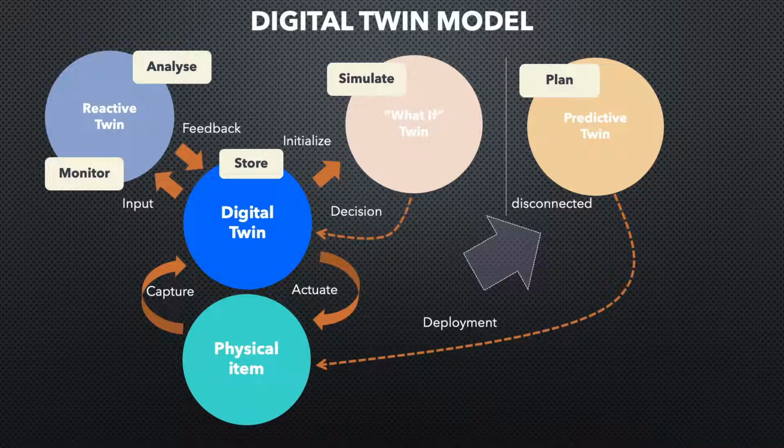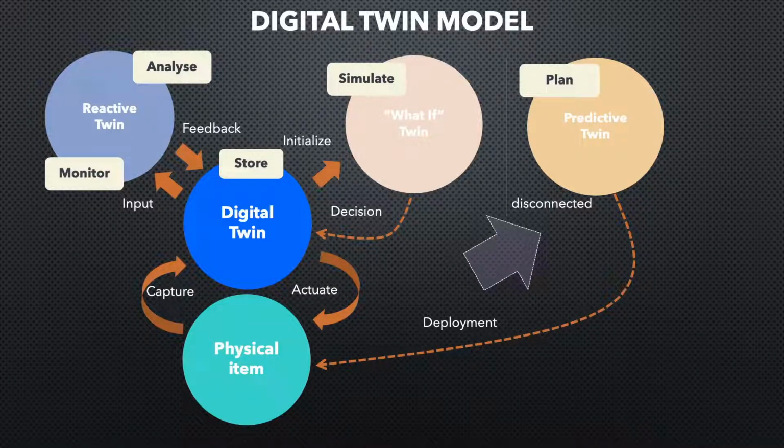So we have the physical item on the bottom of the slide, on the bottom bubble, and then right above it we have the digital twin. The digital twin can store information and can capture. You can see the arrows capture and actuate. It's exactly what we explained a moment ago.